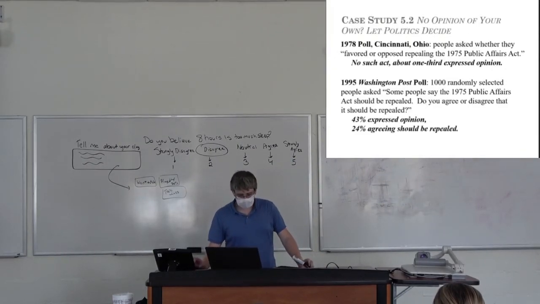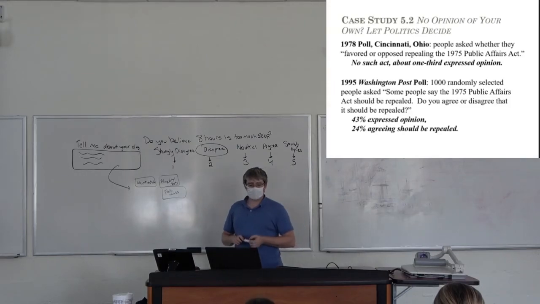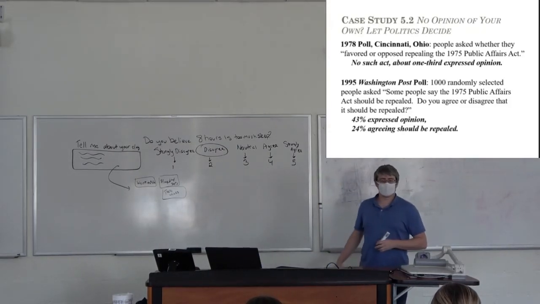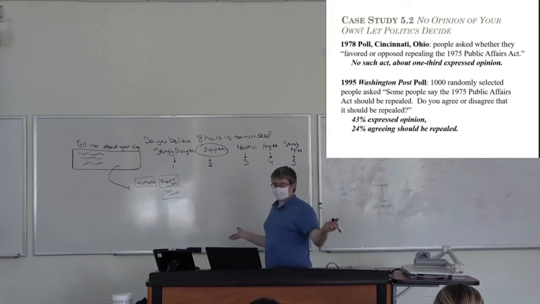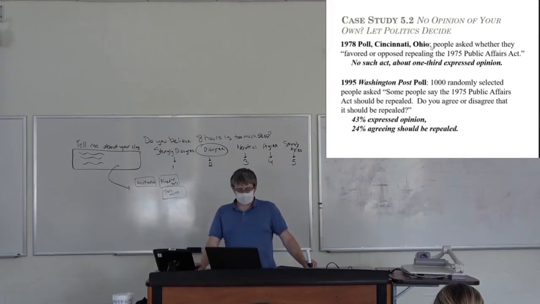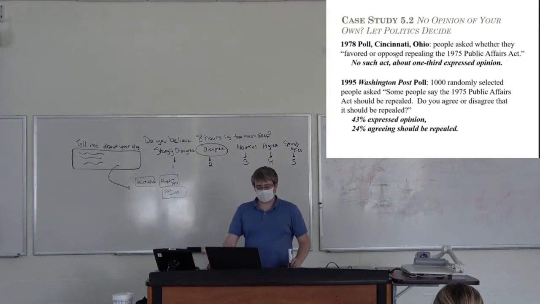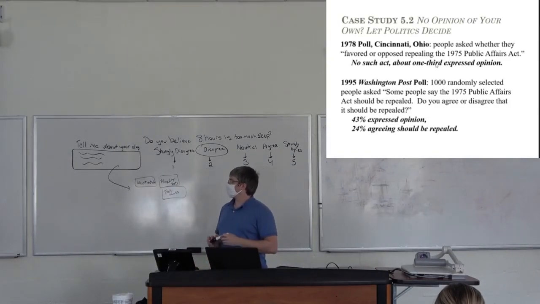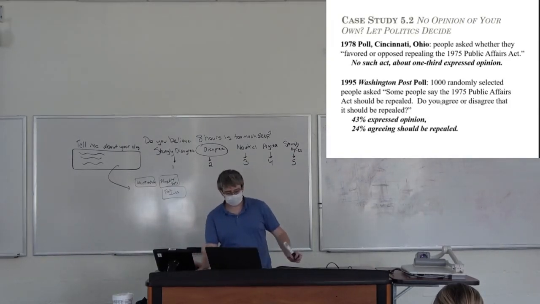I'm just going to end with case study 5.2, which talks about the 1975 Public Affairs Act, which doesn't exist. In 1978, they asked people whether they liked it or did not want it to become law. About a third had an actual opinion about a law that doesn't exist.